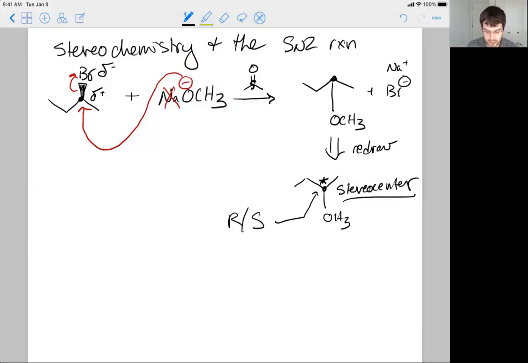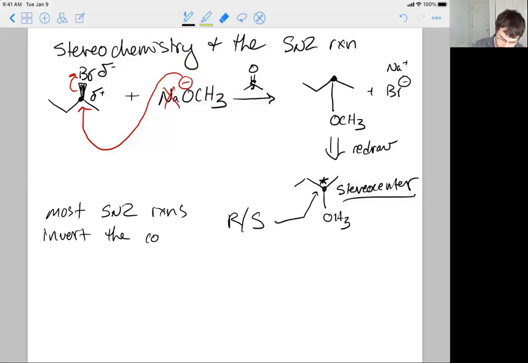Now, it turns out that for most SN2 reactions, most invert the absolute configuration.